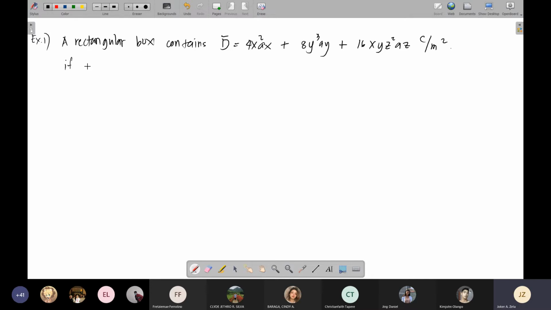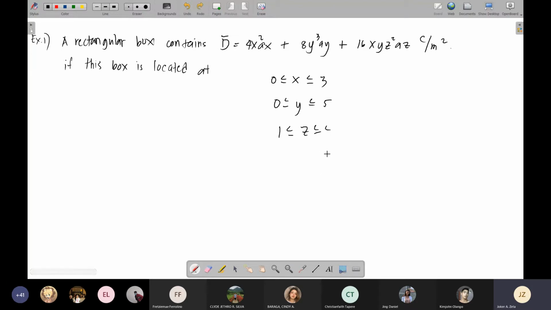Now, if this box is located at, let's say, x from 0 to 3, y from 0 to 5, and z from 1 to 4.